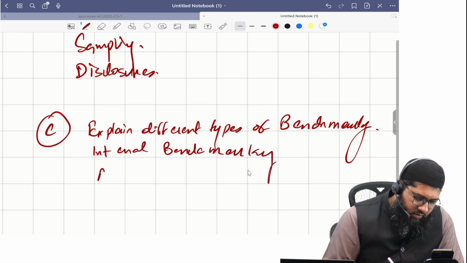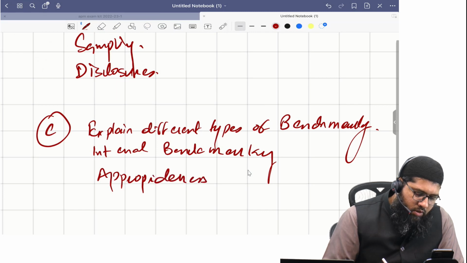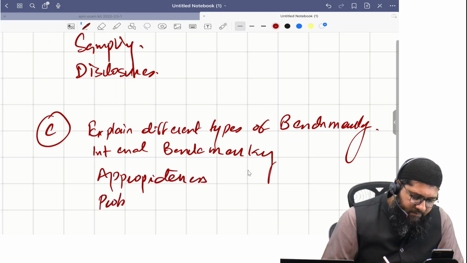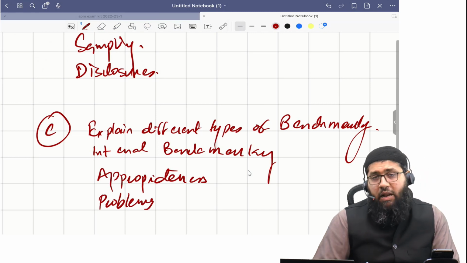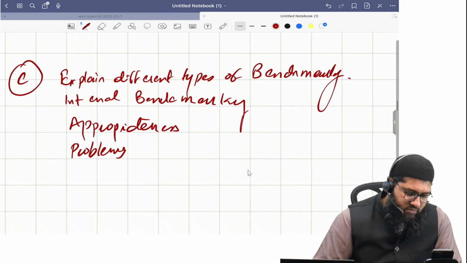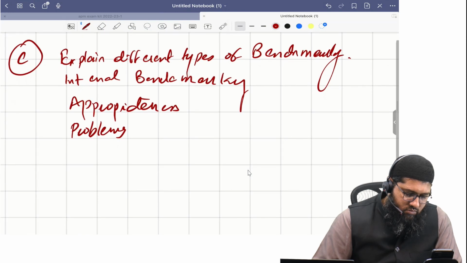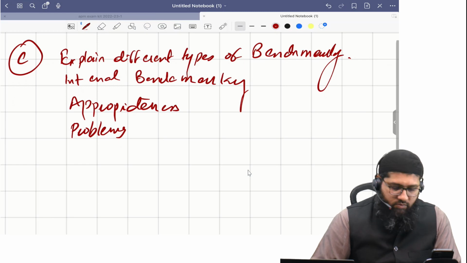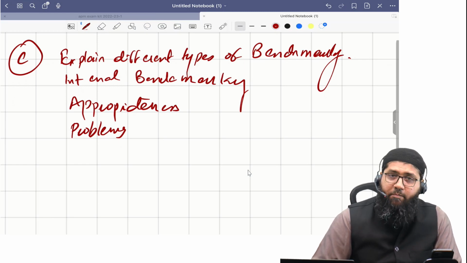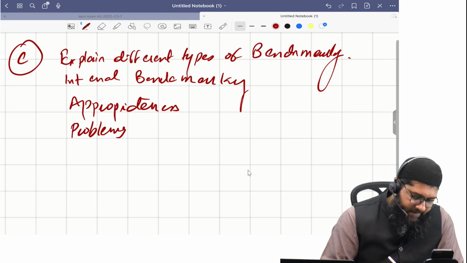Internal benchmarking, the appropriateness of it, the problems associated with it. Different types of benchmarking, internal benchmarking, appropriateness, and then problems associated with it.